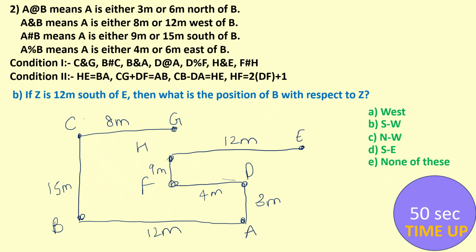Now what they have said, if Z is 12 meters south of E, so if this is 9 meter, so till here it will be 9 meter, so 3 meter more is required, correct?